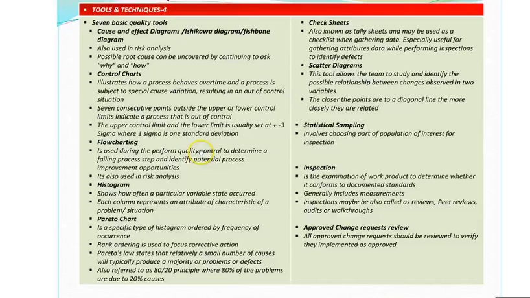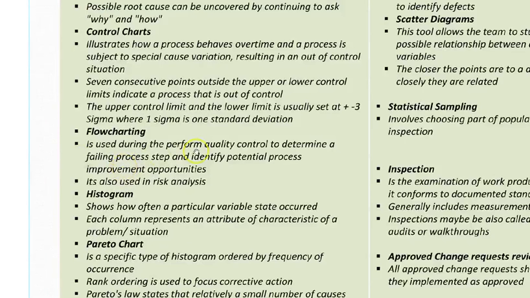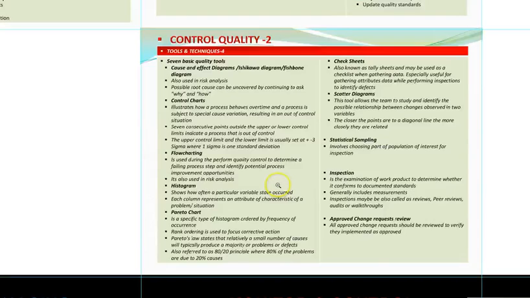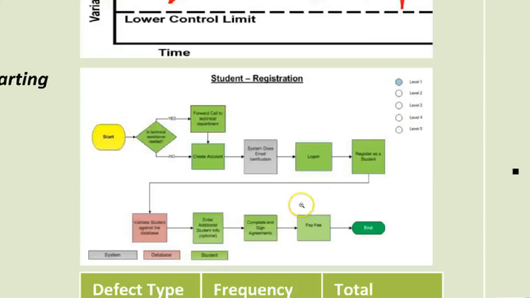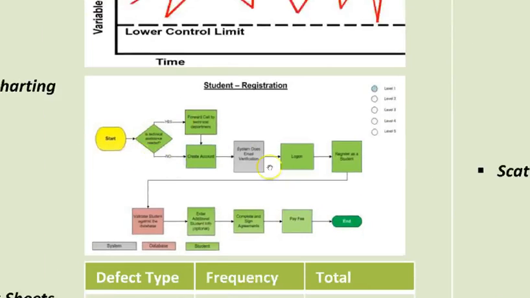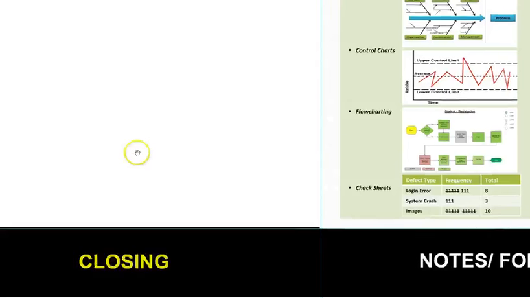Then we have flow charting, which is used in quality control to determine failing process steps and identify potential process improvement opportunities. Again, even this is used in risk analysis. So flow charting right here has a start, the decision boxes, and how to go ahead. It shows the whole flow of the process, and then you can identify what the problem is.